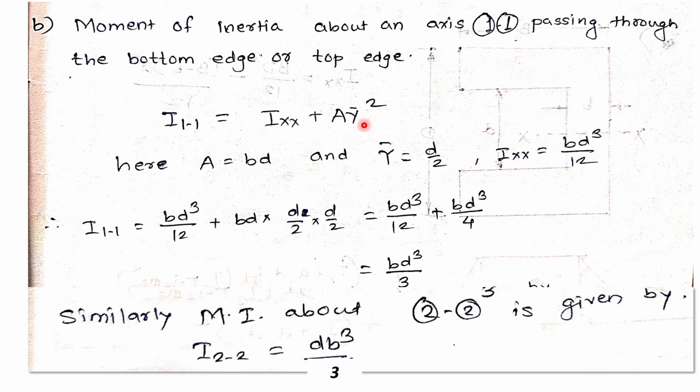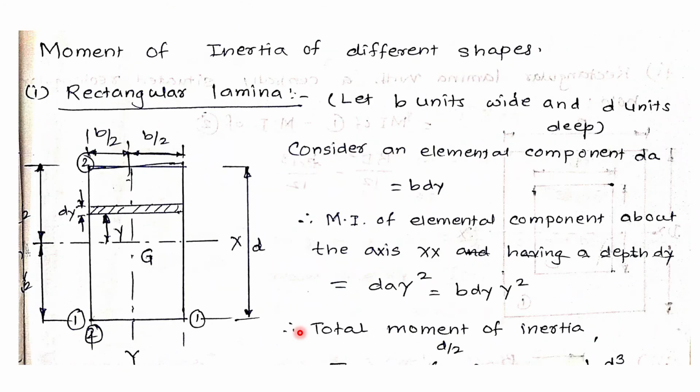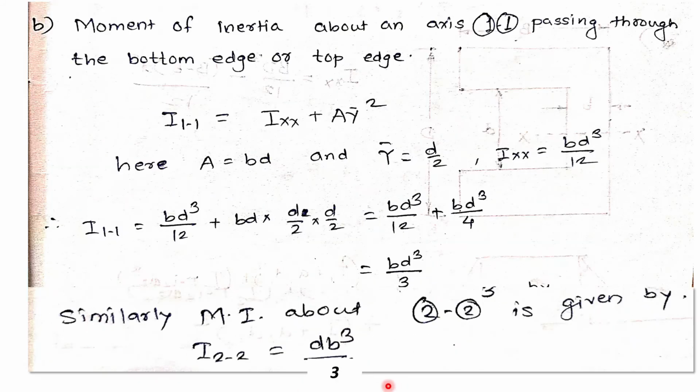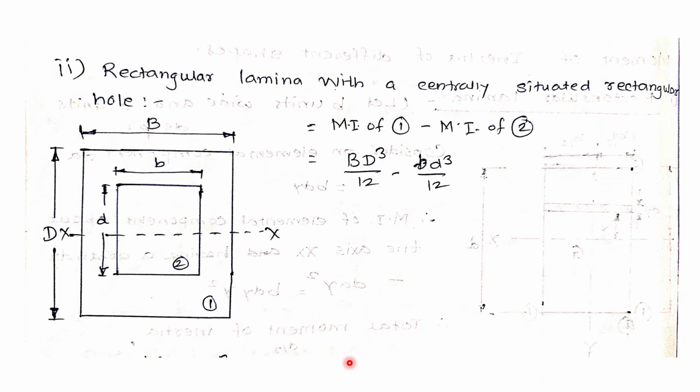Replacing all the values in this formula, dear student, we get the moment of inertia about axis 1 1, I11, equal to bd cube by 3. Similarly, when we take the reference axis as 2 2, we get the moment of inertia as db cube by 3. So this is about the rectangular lamina.